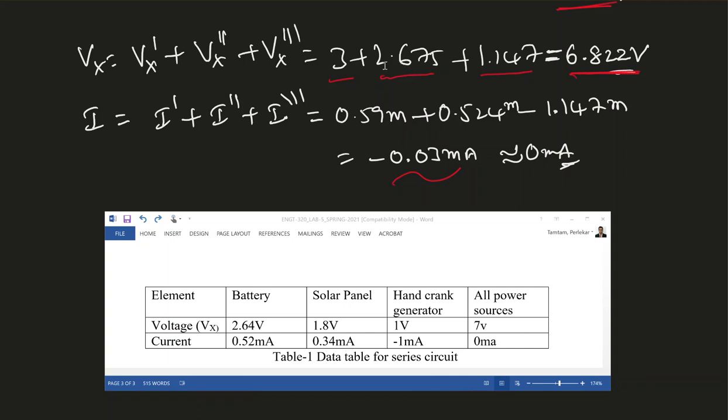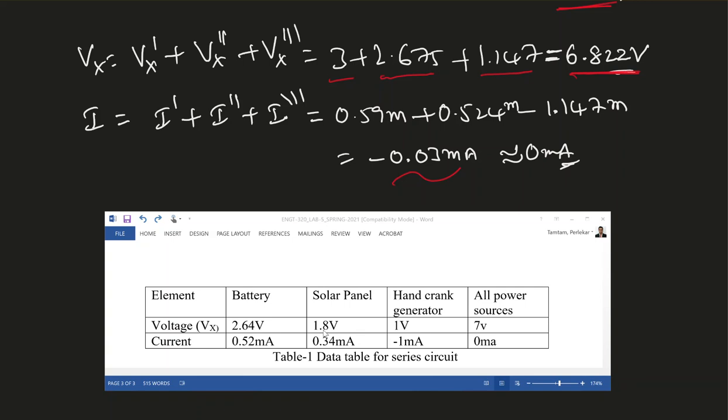With the solar panel in the lab I end up with 1.8 volt and 0.34 milliampere. Here in theory I end up with 2.675 volt and 0.524 milliampere. A solar panel is a current source. It supplies constant current based on the sunlight available. This is the practical one, and this is theory. There I took 3.6 milliampere, but here the light is not sufficient.